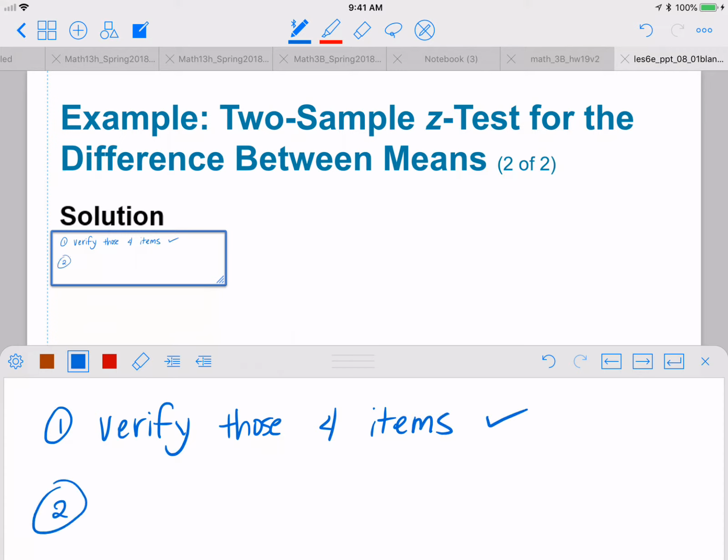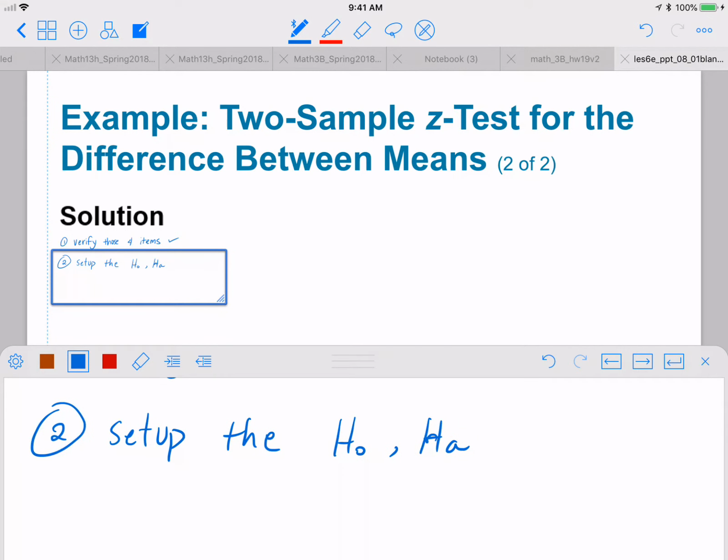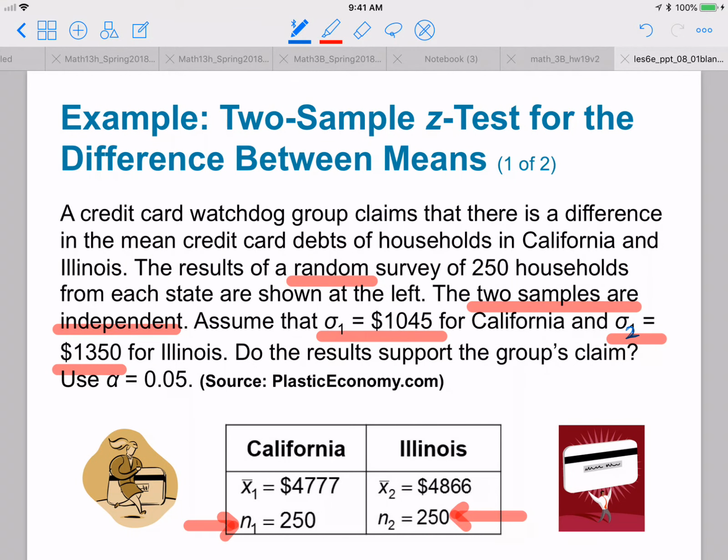Step 2 is going to be to set up the null and alternative hypotheses. And the way we set those up is we first start off by writing out the claim. What is the claim?